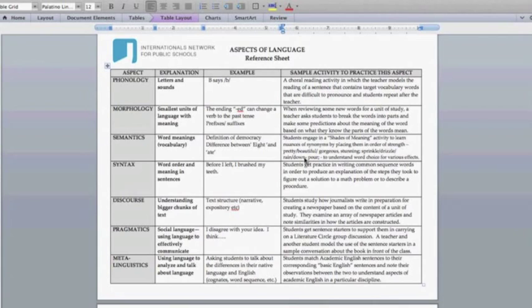And I just wanted to let you know that there's also this reference sheet from the Internationalist Network for Public Schools about the aspects of language. So if you want to go back and refresh your memory, that is also available to you as we're going into this.